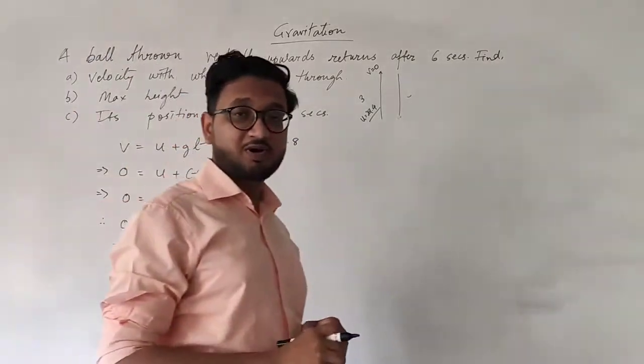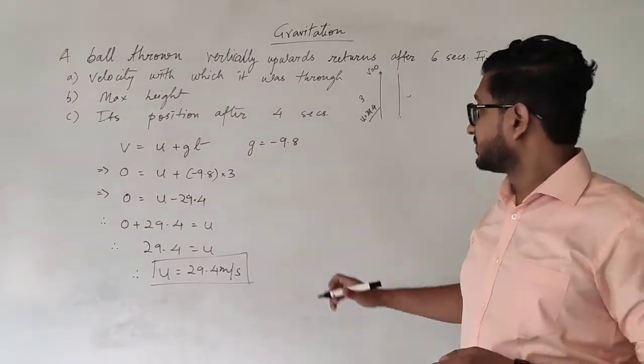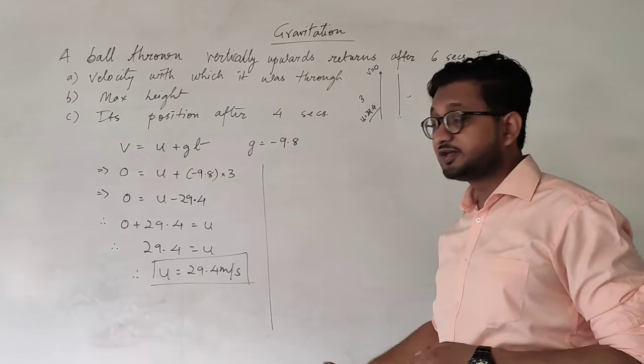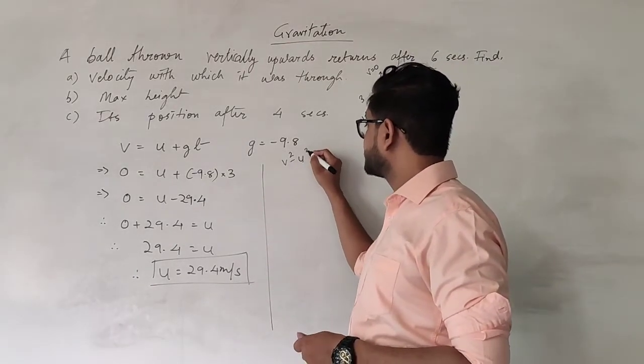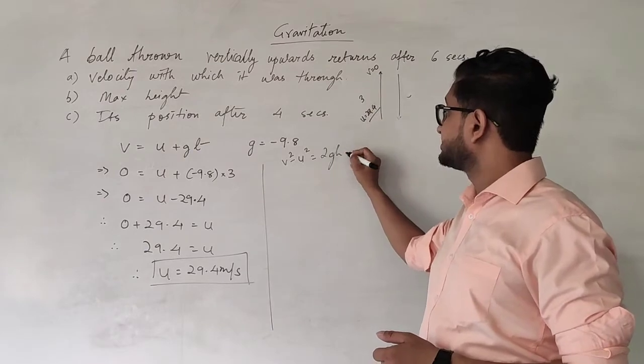Next question. What is the maximum height it will achieve? Once again, for this we will use the third equation, v square minus u square equals 2gh.